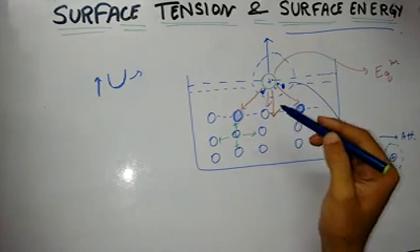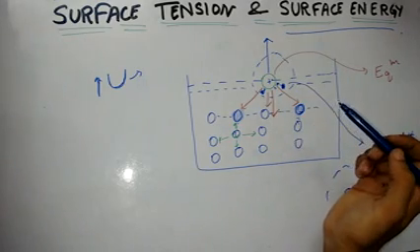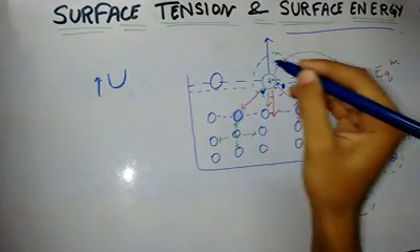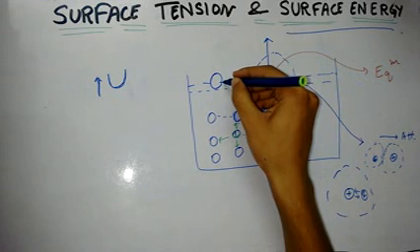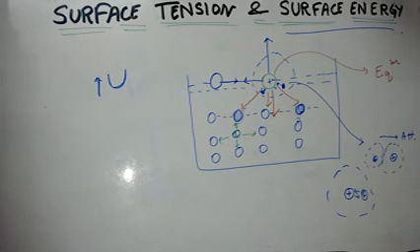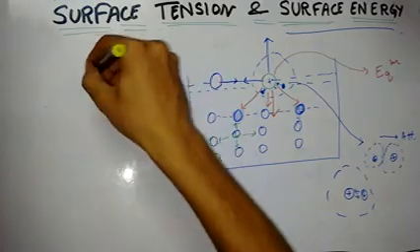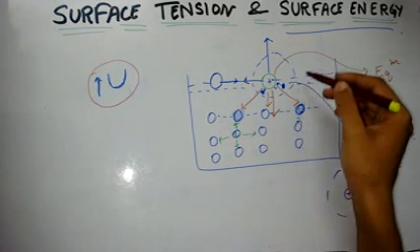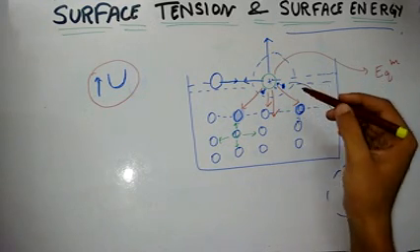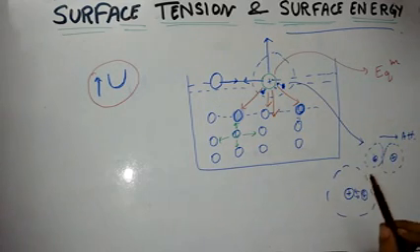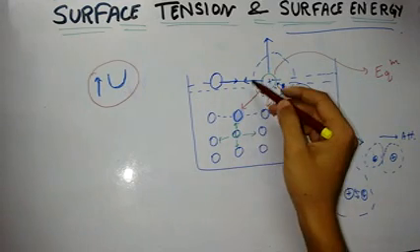So they will try to decrease the surface, and the molecule over here will have a tendency to attract these two. They both will be attracting, but this is not allowing them to come closer, because if they come close, all the others will try to come onto the surface, which will increase the surface energy, which the system doesn't want. So it behaves like a stretched membrane.